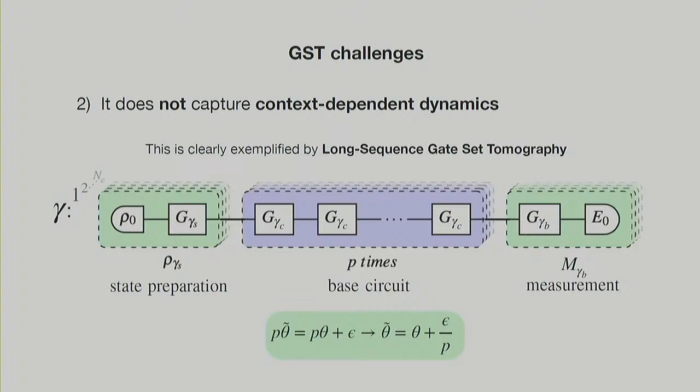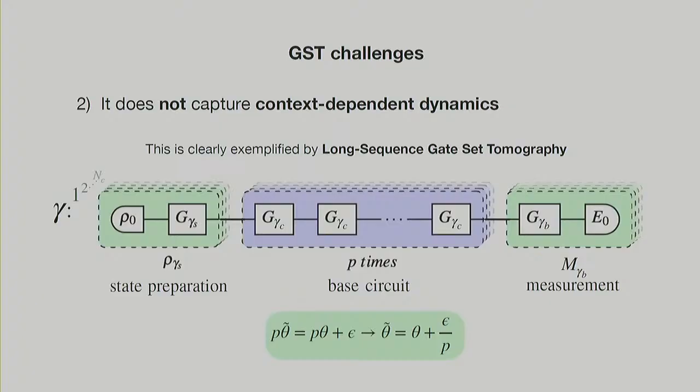Now, let me explain what this is with an example which I think illustrates it very well, which is this long sequence gate set tomography protocol. So this long sequence GST is an improvement with respect to the original GST protocol in which you basically repeat certain combinations of gates many times in order to amplify errors, okay?